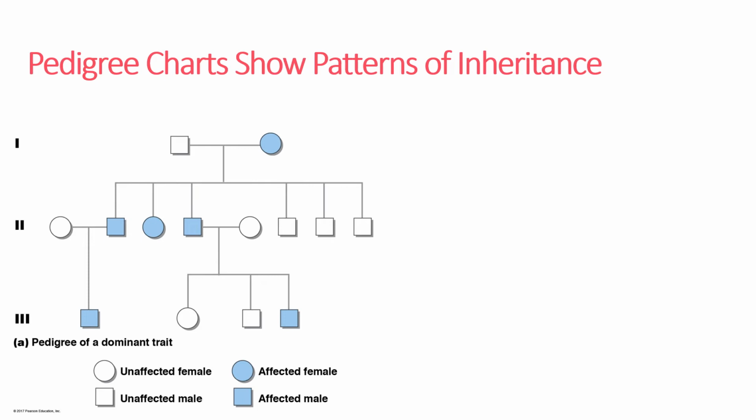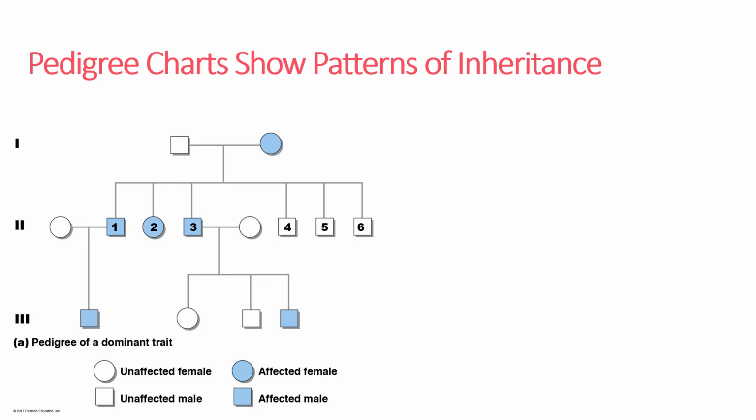In this case, the female, because it's shaded blue, happens to have the trait, and the male, because it's not shaded, happens to not have the trait. This male and female produce 6 offspring. Half of their offspring, numbers 1, 2, and 3, carry the trait, and the other half, numbers 4, 5, and 6, don't have the trait.